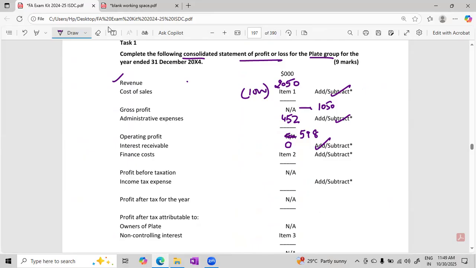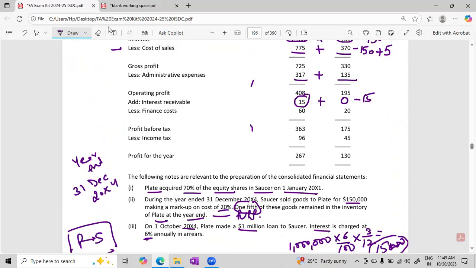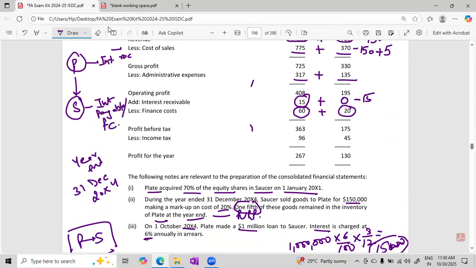Now let's see finance cost. Take 60, add 20 to this, and now see, if parent is making a loan to subsidiary, in books of parent company it would be interest receivable, and in books of subsidiary company it would be interest payable, because it has to pay interest, or I can say this is a finance cost for the subsidiary company.